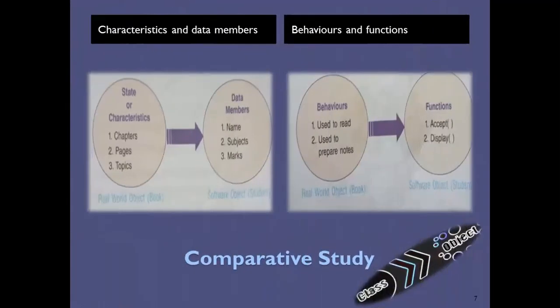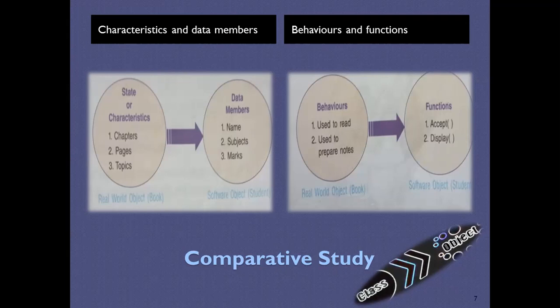Next, we have a comparative study. In the diagram, you can see that we are comparing the real world object book to the software object student. Now, the characteristics of the real world object become the data members of the software object. For book, we can say that the characteristics are chapters, pages, topics, etc. And the data members for a student will be names, subject, marks, etc. Similarly, behavior of the real world object will become the function of the software object.